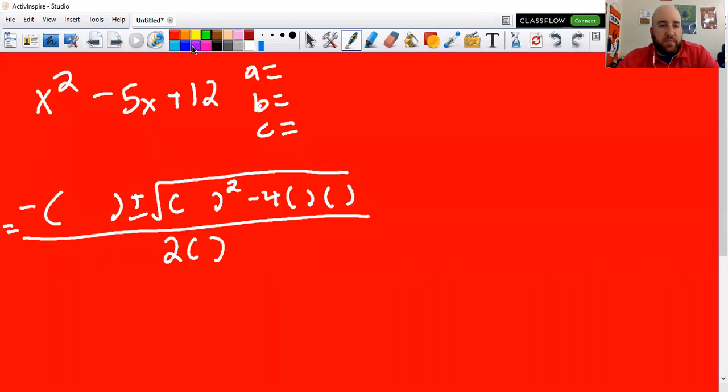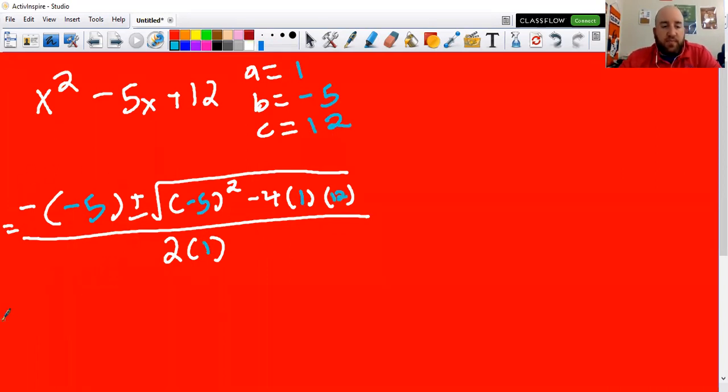X squared minus 5x plus 12. So A is 1, B is negative 5, C is 12. Fill it in. This is B, this is B, this is A, this is C, this is A. Opposite, I'm not even going to chunk it this time.